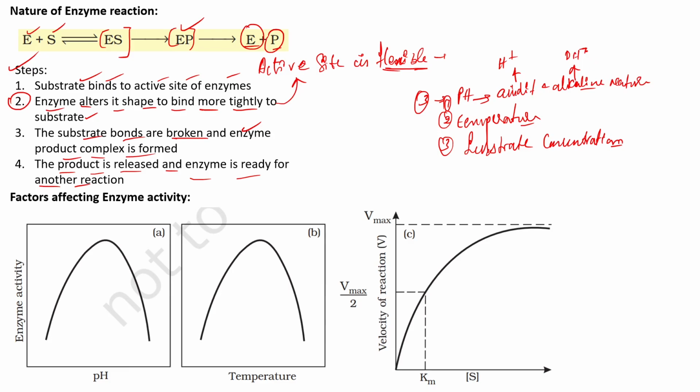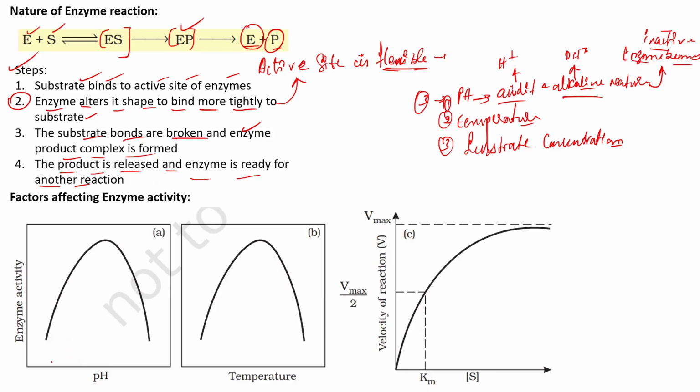Now we can say that in high pH conditions, or high alkaline conditions, the enzyme becomes inactive. This statement is more evident over here.